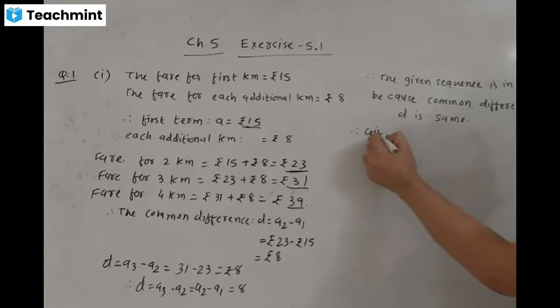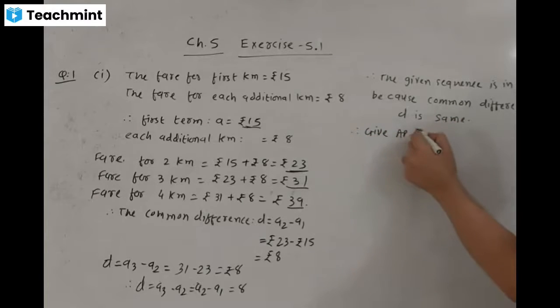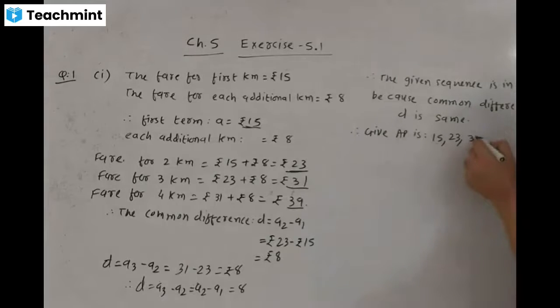Therefore, the given AP is: first term 50, second term 58, third term 66, and fourth term 74, and so on.